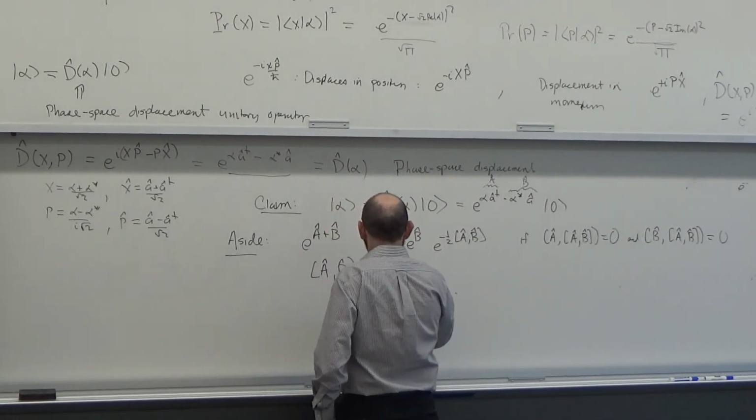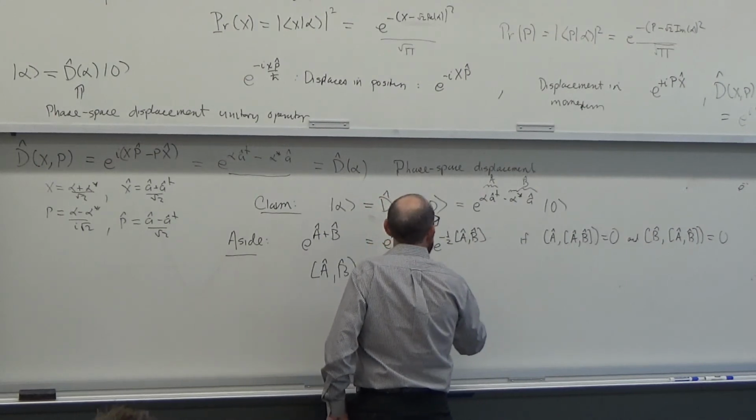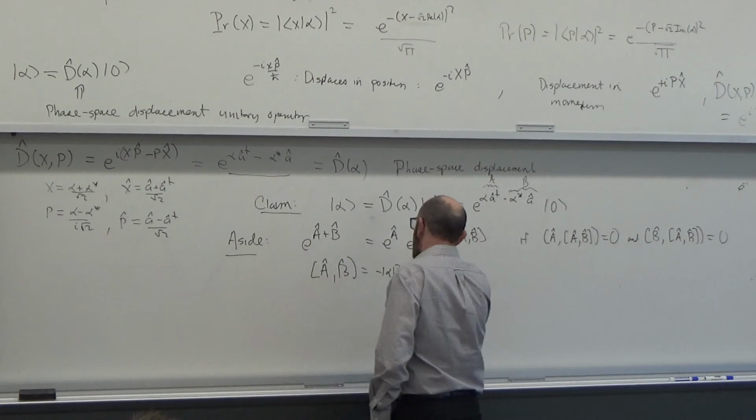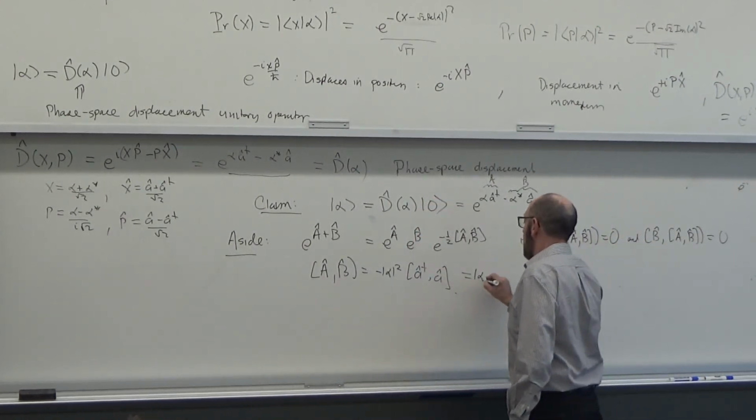Well, it's equal to minus alpha squared times the commutator of A, A dagger, which is minus 1, so it is alpha squared.